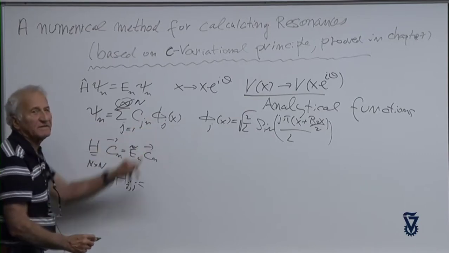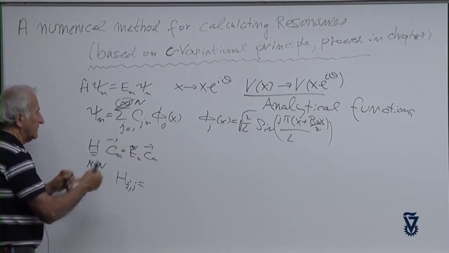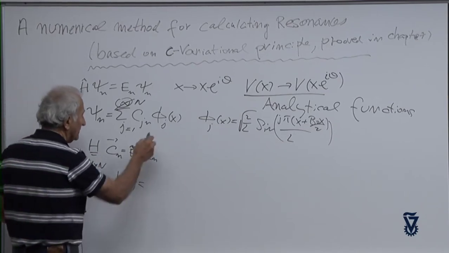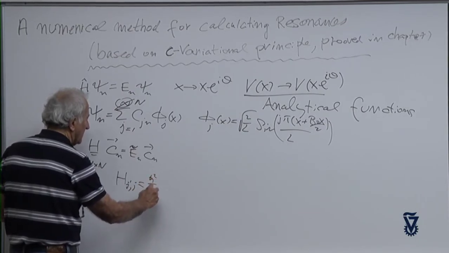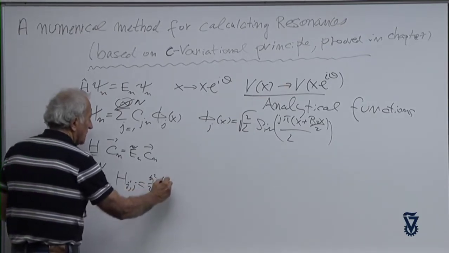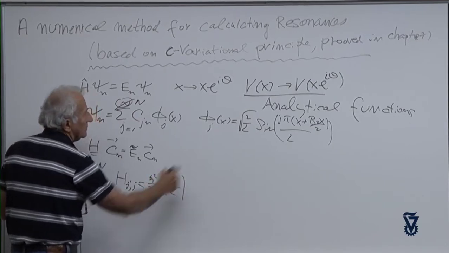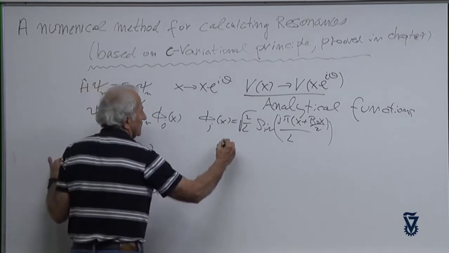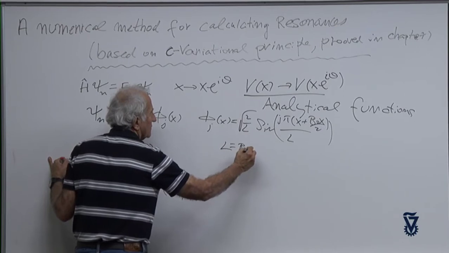If you use such a basis set for which the kinetic energy operator is diagonal, represented by diagonal terms, we'll have here, for example, ħ²/μ, where μ is the reduced mass of the problem, times (jπ/L)², where L is our box.